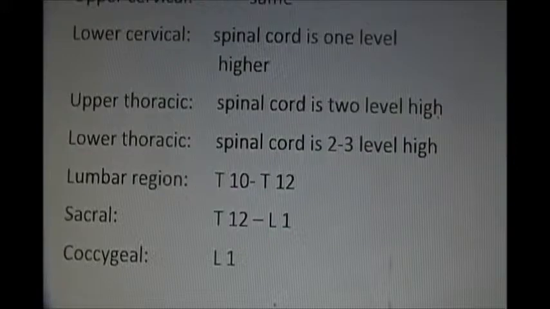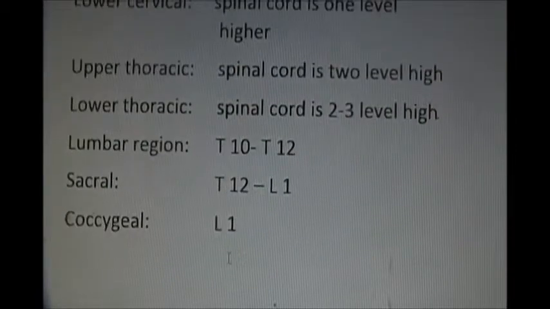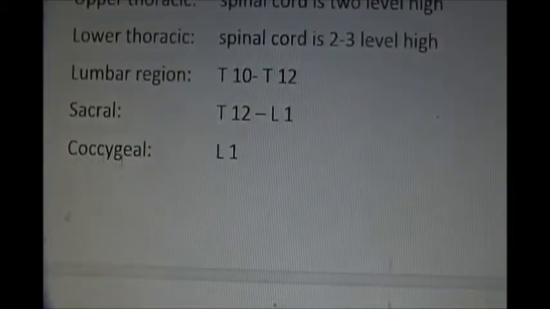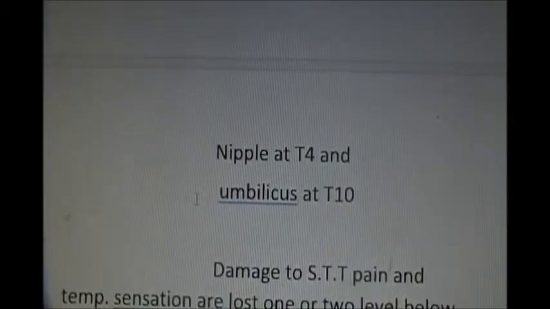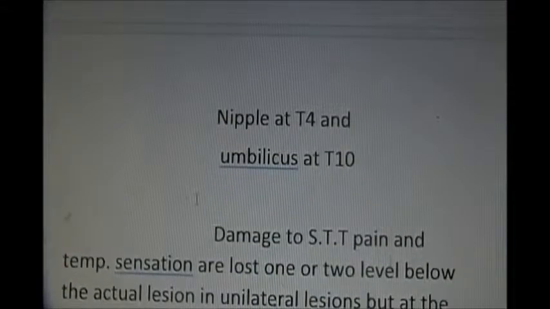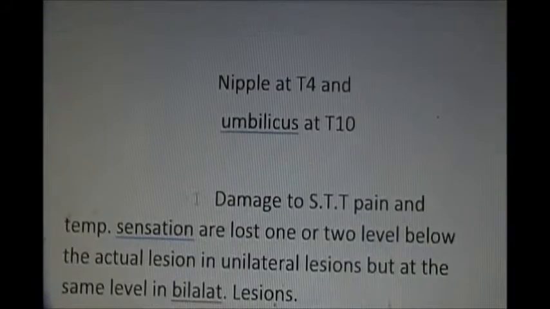In the lumbar region, it is T10 to T12, and in the sacrum it's T12 to L1, and the coccyx is at L1 or L2, that is the spinal coccygeal level is L1 and 2. An important landmark is that the nipple is at thoracic 4, T4, and the umbilicus is at T10.